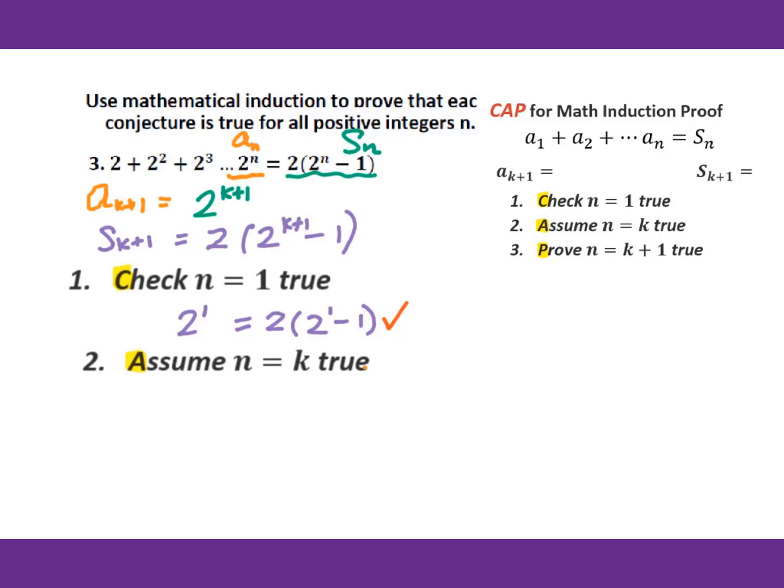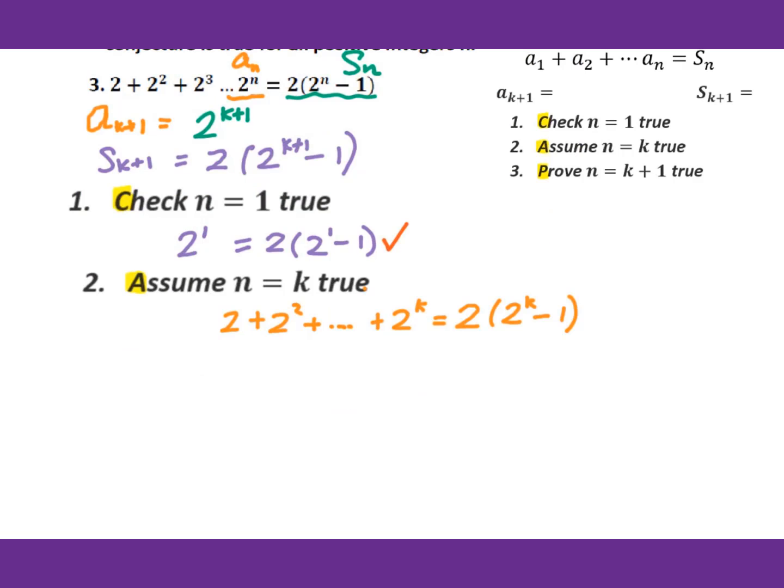Second step, assume n equals k true, which means 2 plus 2 squared plus ... 2 to the k's power equals 2 times 2 to the k's power minus 1. In other words, you just need to rewrite everything for the statement, change every single n into k.